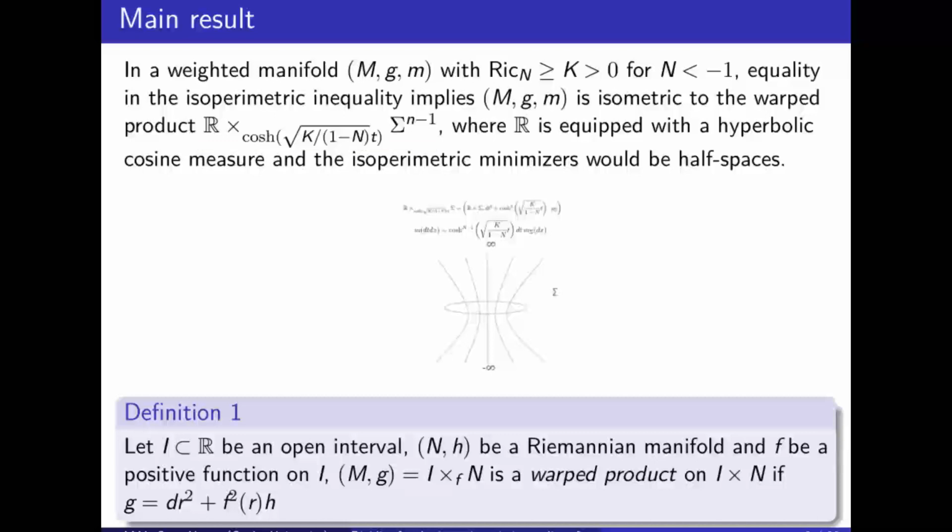Here, the one-dimensional Euclidean space is equipped with a hyperbolic cosine measure, and the isoperimetric minimizers are half spaces.